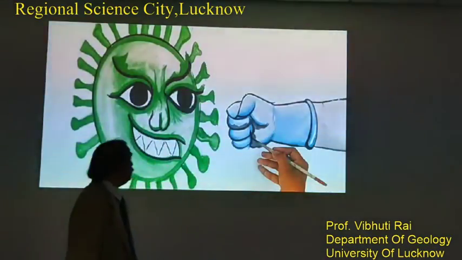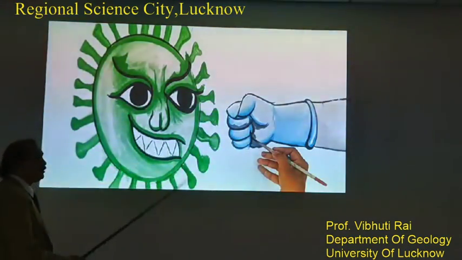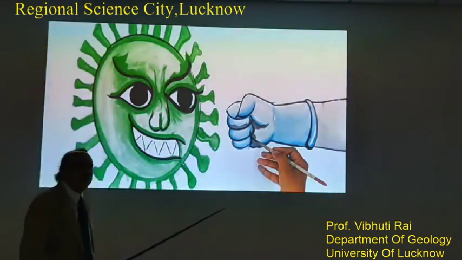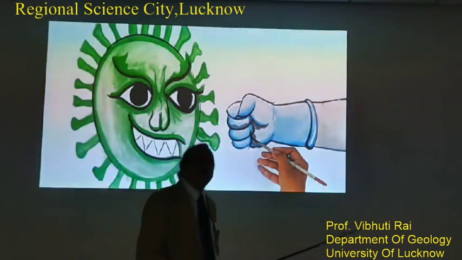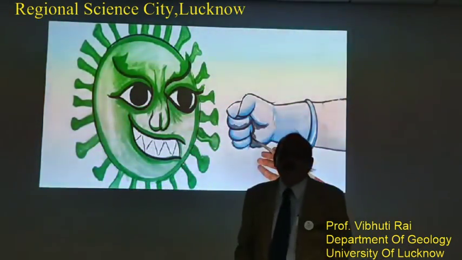Next please. So we have to fight it out with our scientific knowledge. We have to fight out the pandemic related issues by our understanding of the mechanism of how COVID spreads.